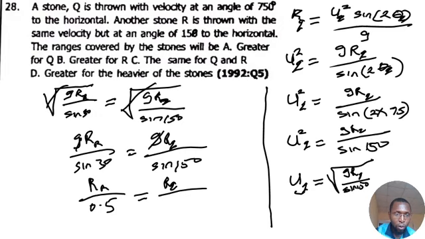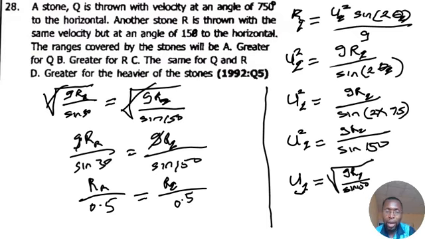Okay, so we have the sine 150 by calculator here. It's giving us 0.5 as well. So since this is also giving us 0.5, sine 150 is 0.5.